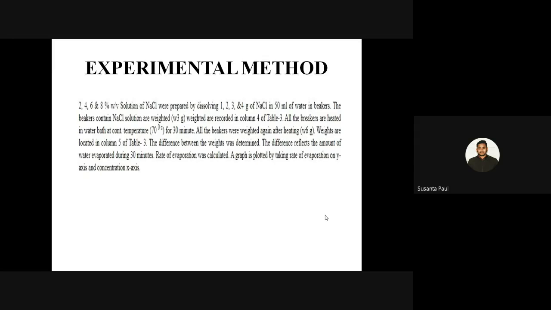Now the experimental method. At first we need to prepare different concentrated solutions by taking sodium chloride. We will make 2, 4, 6, and 8% w/v, that means weight by volume, solutions of sodium chloride. We prepare them by dissolving 1 gram, 2 gram, 3 gram, or 4 gram of NaCl in 100 ml of water in a beaker.